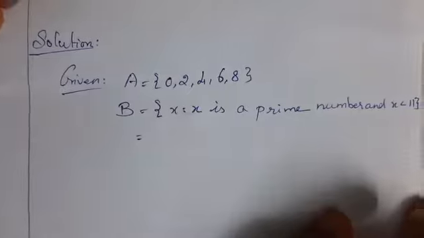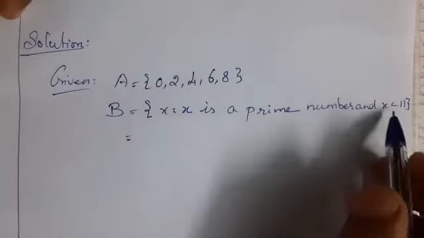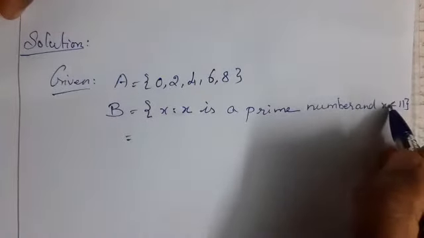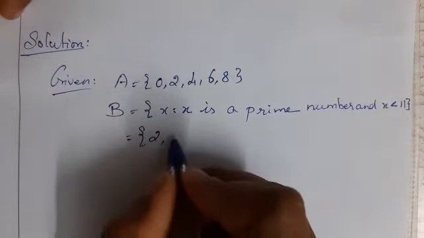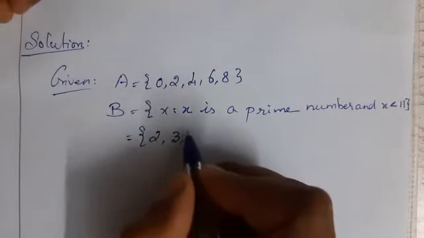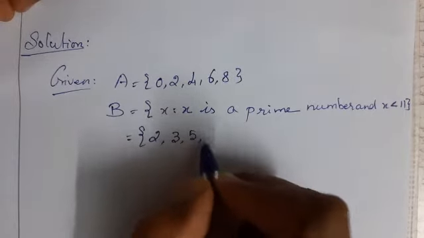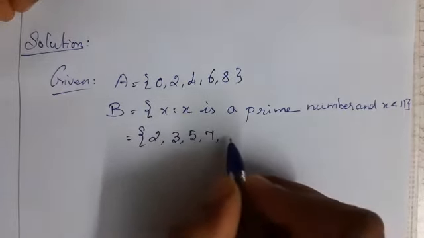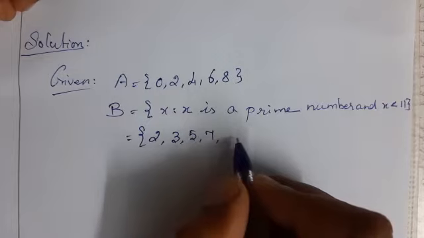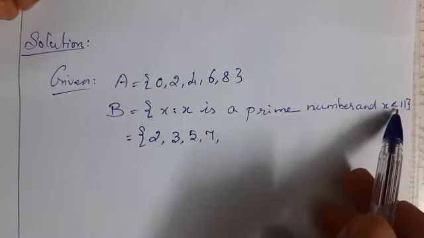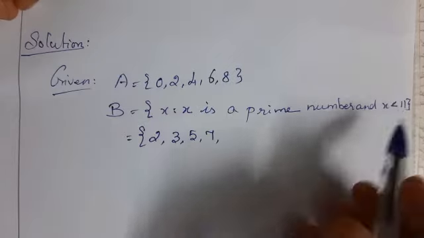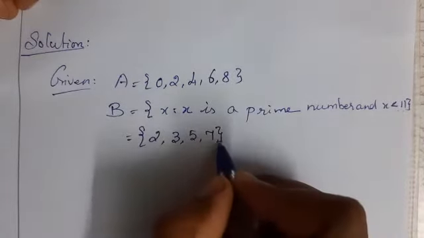You must start from the prime numbers and end with x less than 11: 2, 3, 5, 7, next 11, but 11 is not included because it must be less than 11. Therefore, 2, 3, 5, 7.